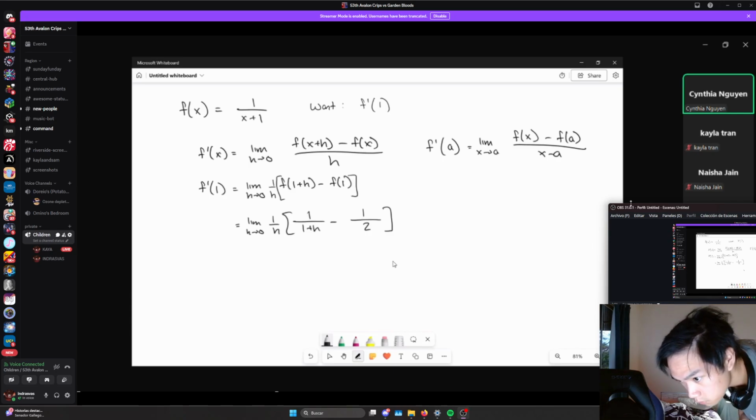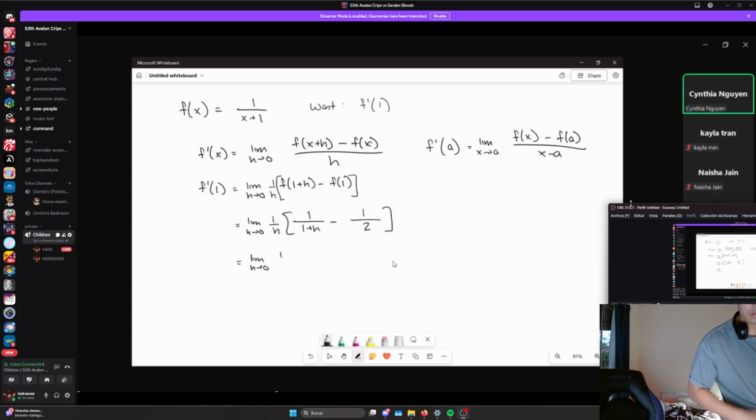Okay, so now I just find the common denominator. In this case, it would be 2 times 1 plus h. And then on top, I have 2 minus 1 plus h. Keep in mind your parentheses.